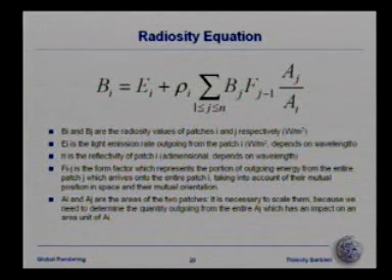F_ij is something which is called the form factor. The form factor is a coefficient which gives you a weight, and this weight makes bigger or makes smaller the importance of the radiosity of patch number j. What do I mean?